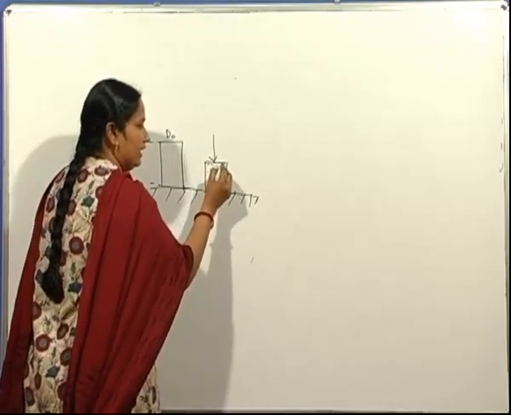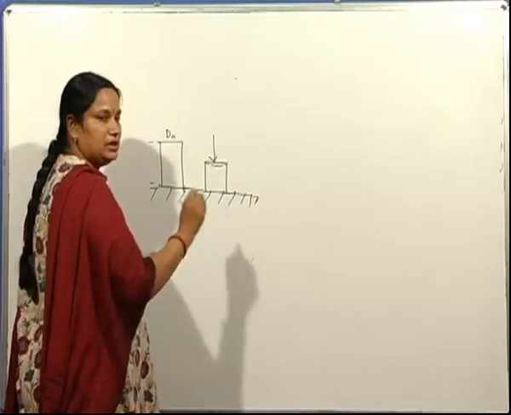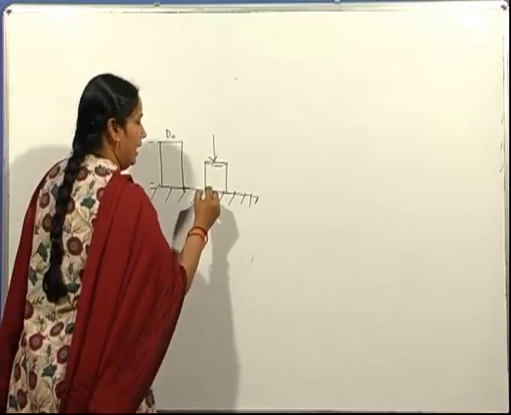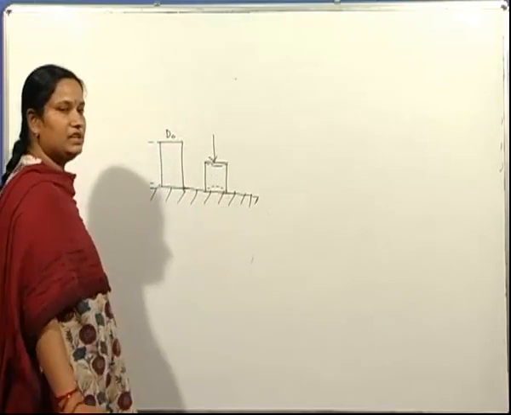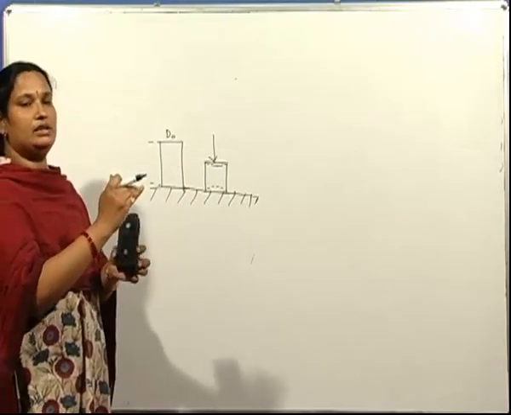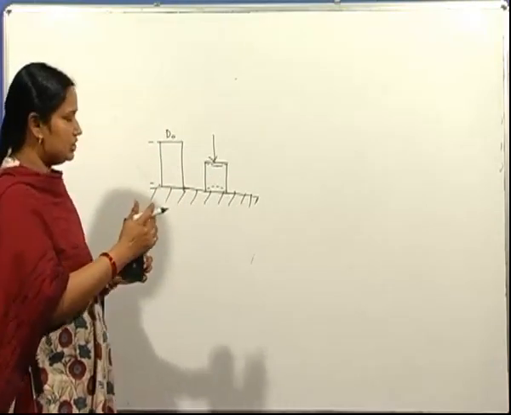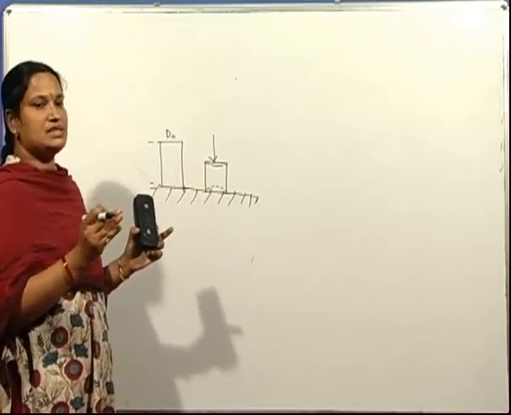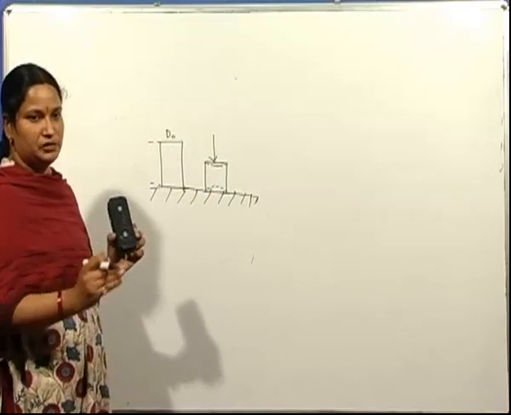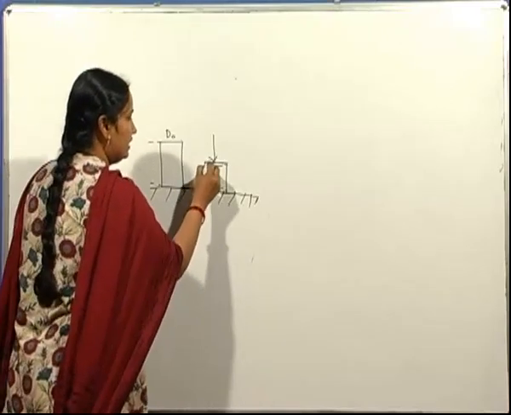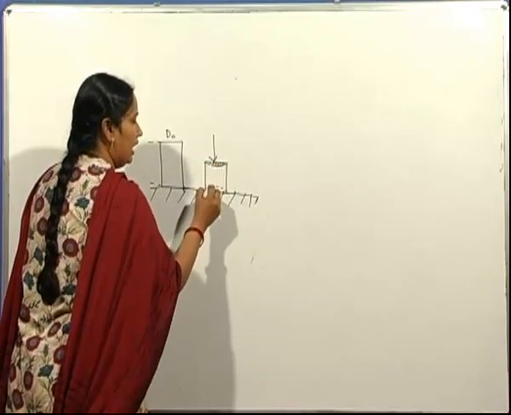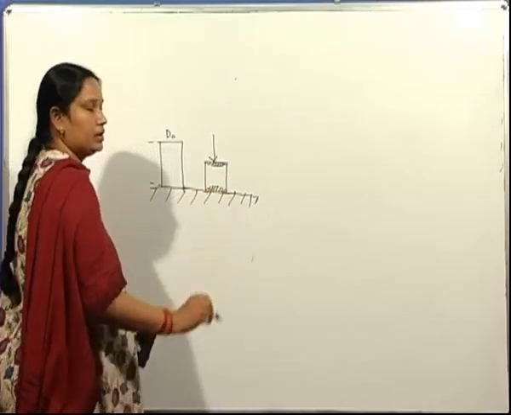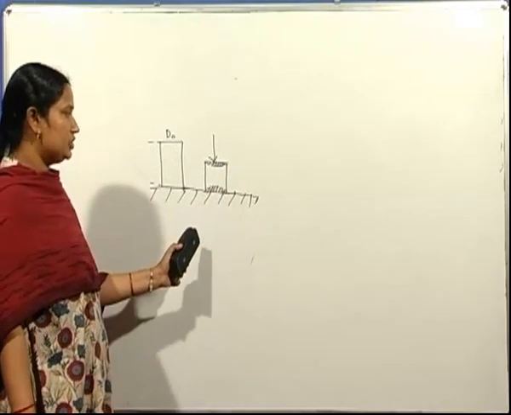So here we are having the undeformed region at the interface between the anvil and the cylinder surface. Because of the friction, the material cannot flow freely. There is some resistance to the free flow of that material. So here there is an undeformed region.